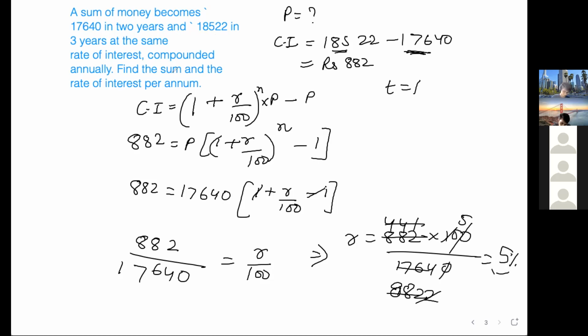They have asked to find out sum and the rate of interest, so rate of interest मिल गया, अभी we'll find out the sum, okay.